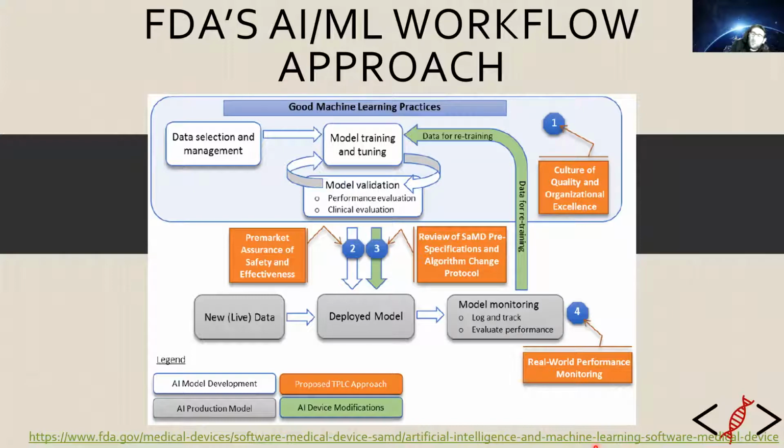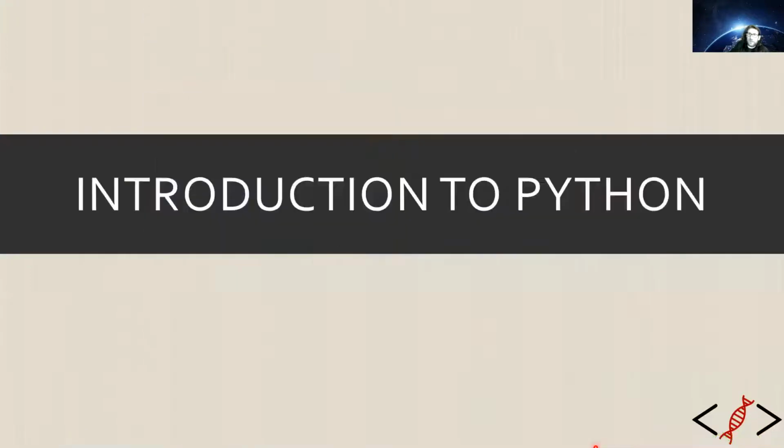While we're not going to cover every single aspect of this, we are going to cover the core aspects, and these are largely things that are going to be covered in part 2 of this workshop. All right, so with all this being said, let's actually jump now into Python.